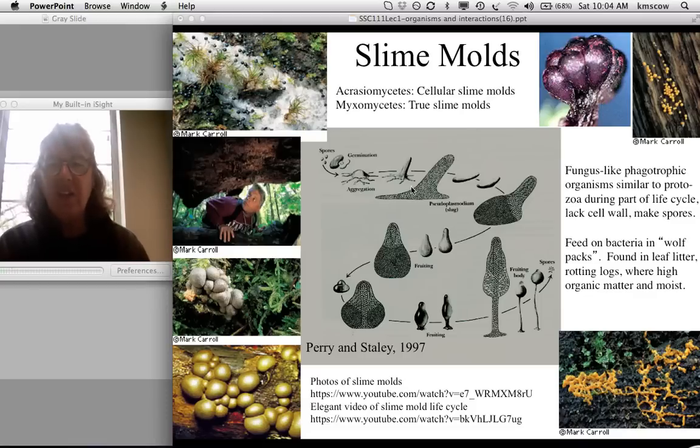And if you go back and look at that vomit you might have seen a couple of days before, you'll see now that it's all dried up and powdery, and maybe even has disappeared. So really interesting organisms, predators of bacteria and perhaps fungi as well.